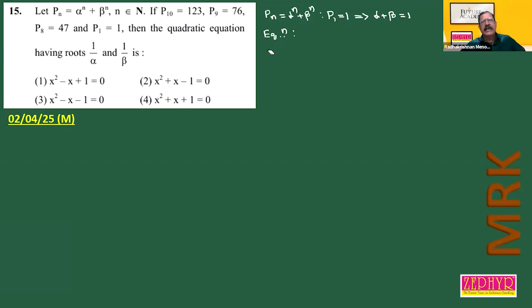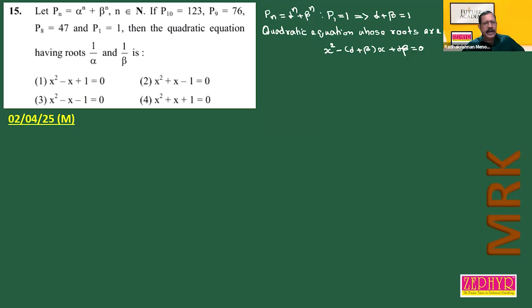Sometimes you might be remembering the quadratic equation whose roots are alpha, beta is x squared minus alpha plus beta into x plus alpha beta equal to 0.